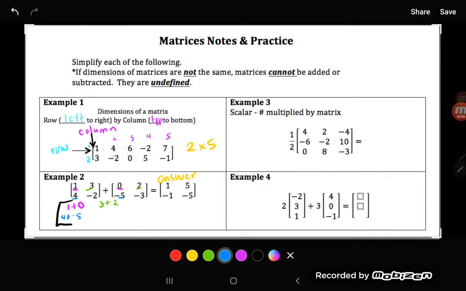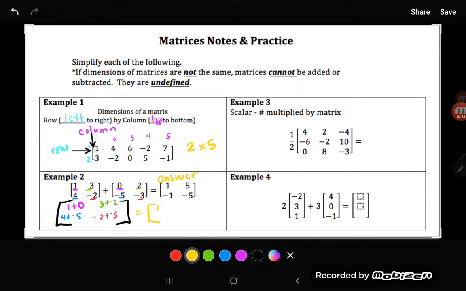Last, I am going to add negative 2 and a negative 3. When I add these terms in my matrix, this gives me the answer.